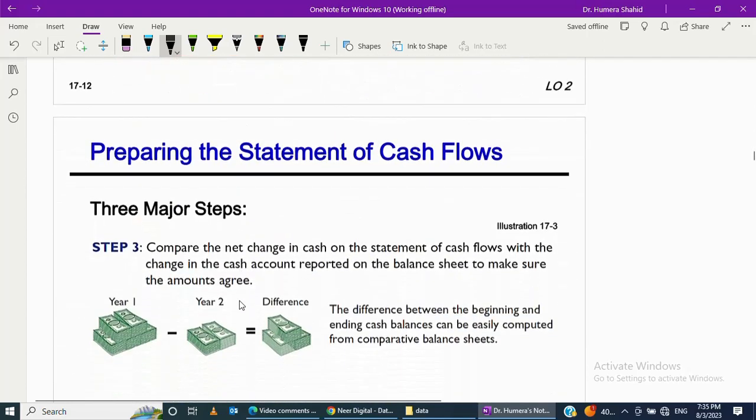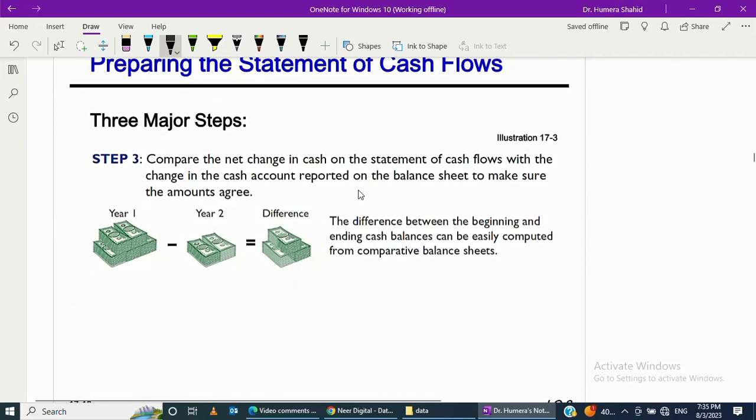Step number 3. Now you are done with operating, investing and financing activity in the first 2 steps, and then you will make a total for them. I showed you in the previous template, right? So you have the operating activities total, investing activities and financing activities; add them. You will find out how much the cash changed during the year. Compare this change with your balance sheet, which you already have.